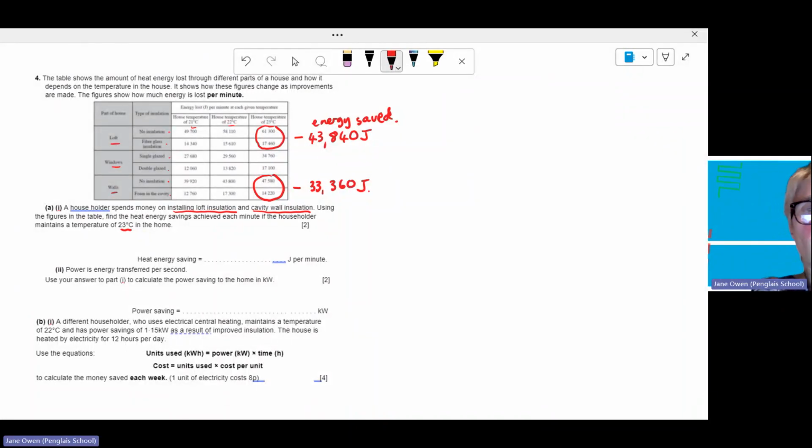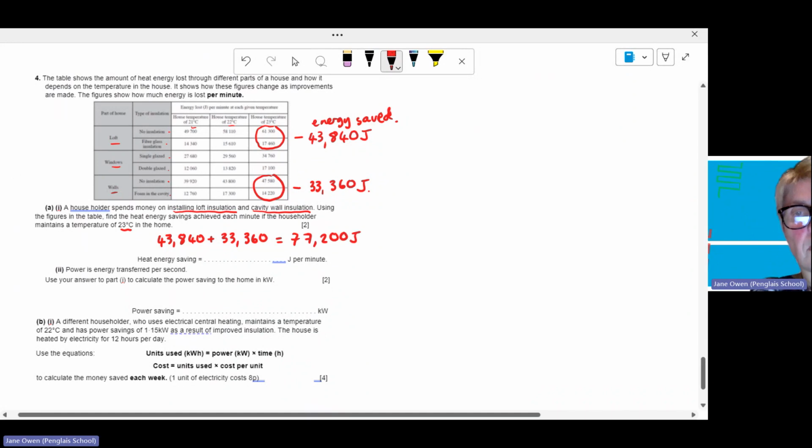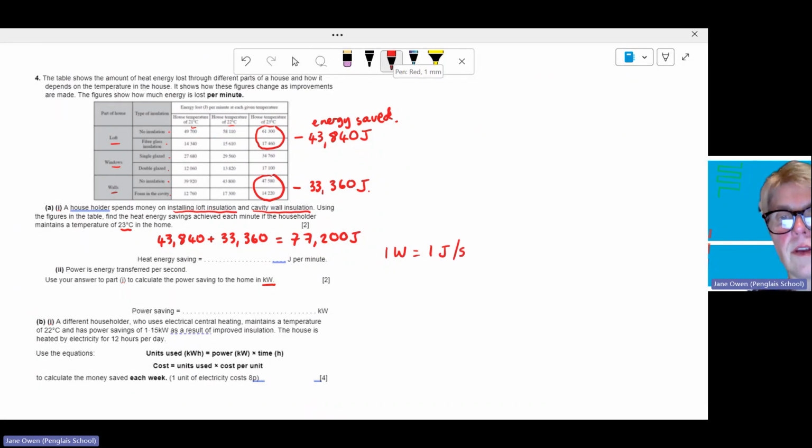So how much in total? You'll have to add that all up together, like that. And that comes out as 77,200 joules per minute. Now, we want it though in terms of kilowatts. The thing to remember is 1 watt is equal to 1 joule per second.